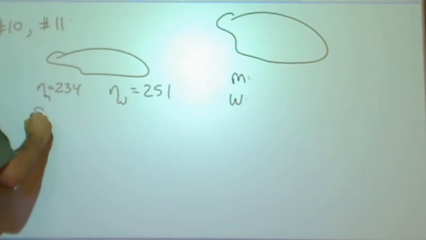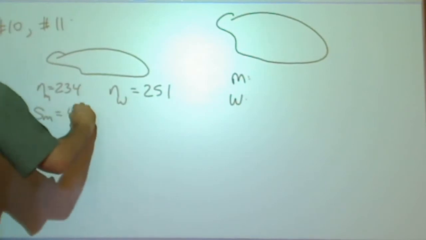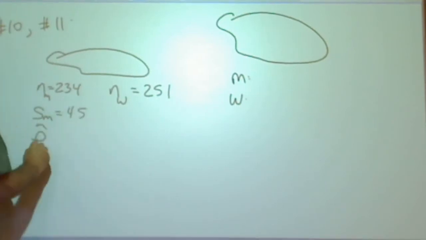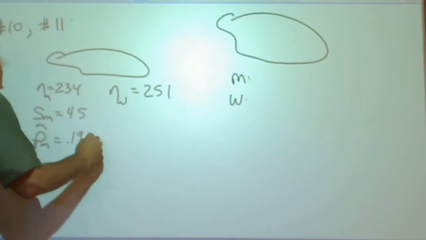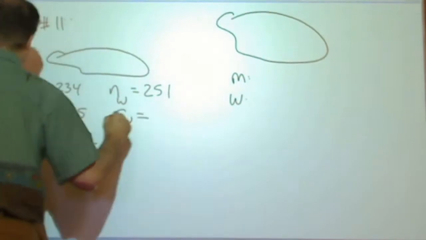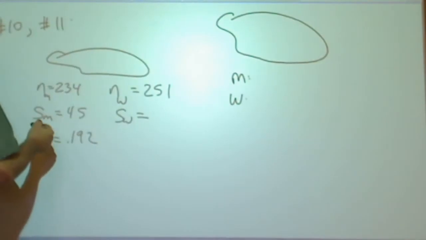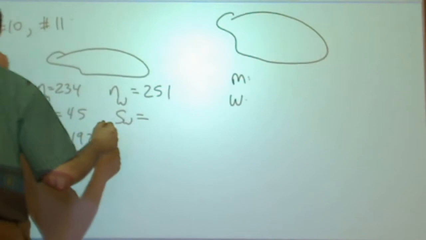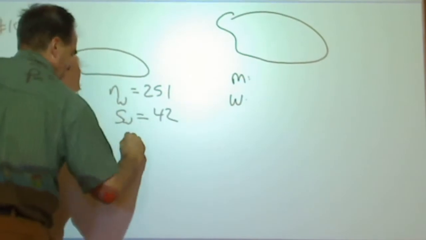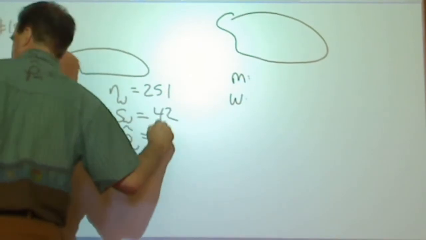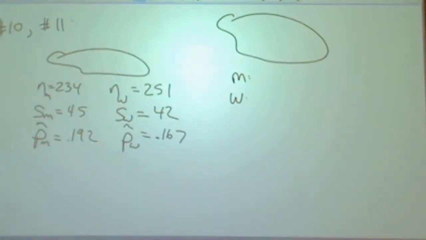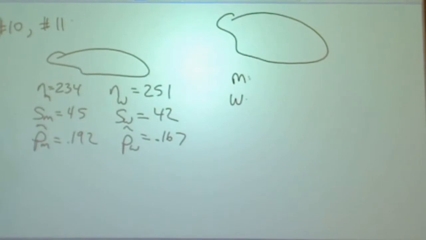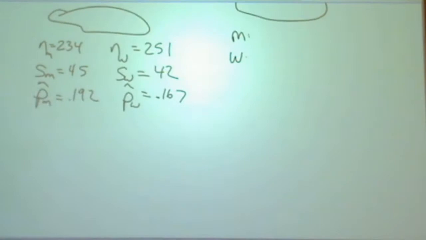They said the success for men was 45. So that means the proportion is 0.192. The success for women, 42. So the proportion for women, dividing those is 0.167. Okay. So success here is who's illiterate. That's just the way it ends up. Okay, so that's kind of the data as given.